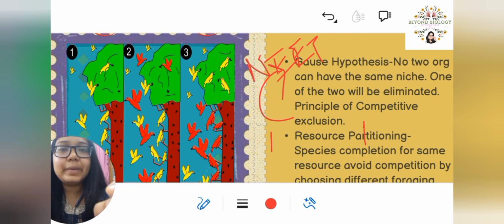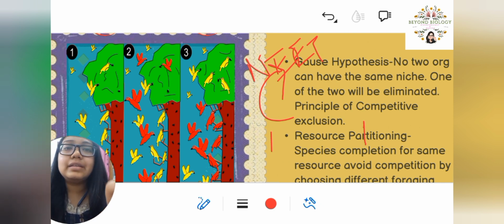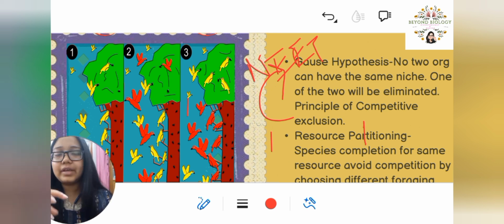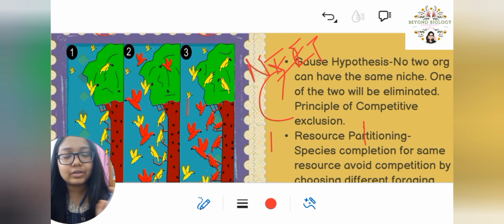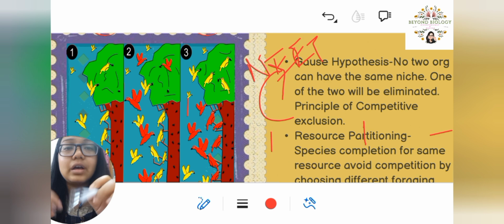See here in the picture, in picture number 1, a yellow bird is feeding on the insects of the tree. Next, there is another bird which is red in color, and it is also feeding on the same tree. So what will happen? There will be a clash between the yellow and the red bird, right? So in the third picture, we can see resource partitioning happening. How is it happening?